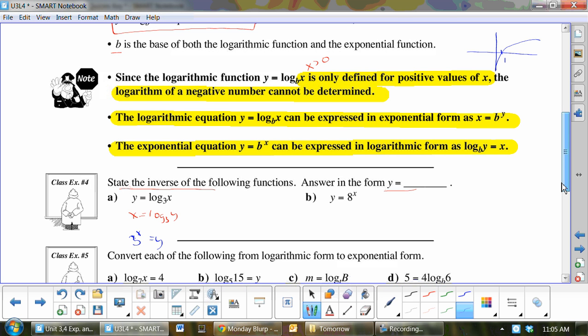Remember, you'd have to divide, right? It was easy switching the x and the y, but then all this work came when you had to get y equals. For this, we switch the x and the y to give me the inverse. These two are inverses.